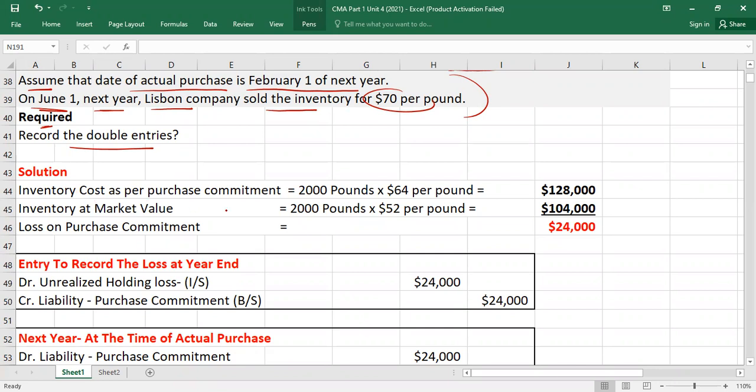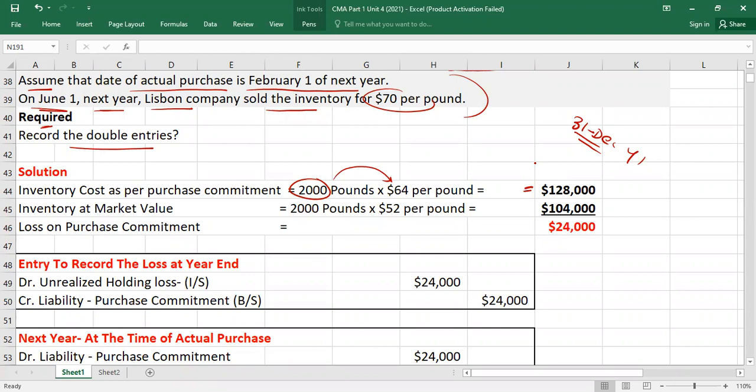So guys, at the end of the first year, which is December 31st, year 1, how many pounds are you going to buy in the contract? 2,000 pounds. And what is the agreed price? $64. So whenever you buy, you have to pay $128,000, because you agreed.